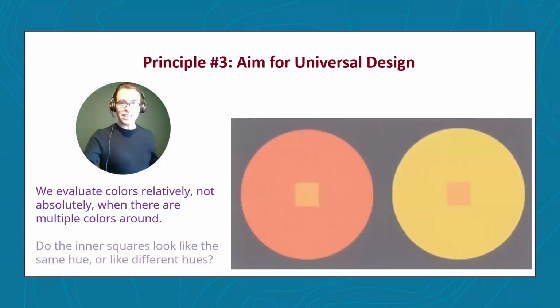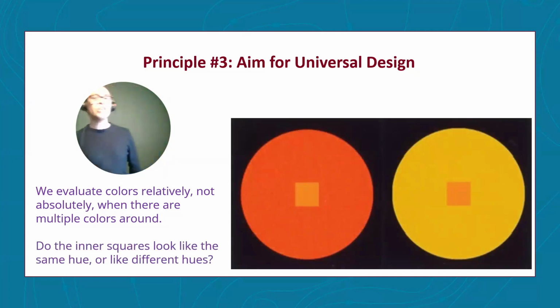So, consider this image. Do the inner squares in this image look like they are the same color, or do they look like they are different colors? If you think they look like different colors, they aren't. They are the same color. However, most of us will view them differently because the color that we are comparing them to is different.